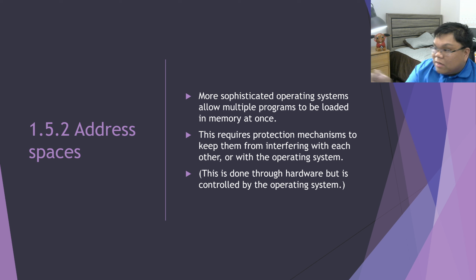This requires protection mechanisms to keep one program's memory from overwriting the memory of another program. This is done through hardware, but it's controlled by the operating system. So if we have multiple programs loaded into memory, we want to make sure that they are not overwriting each other.